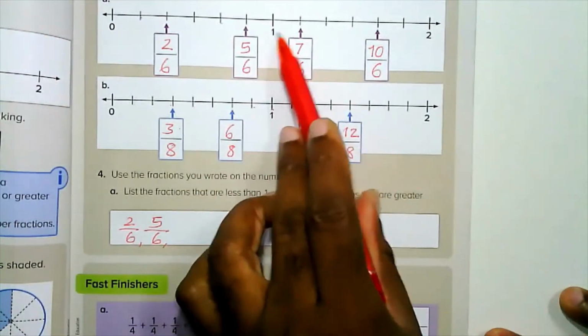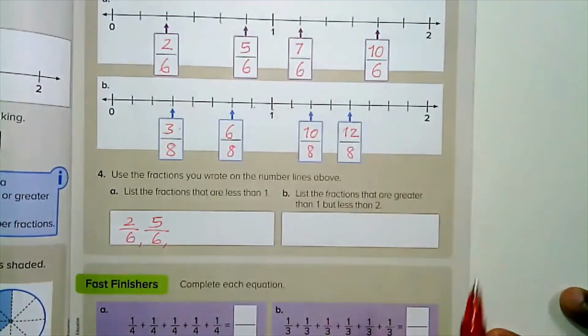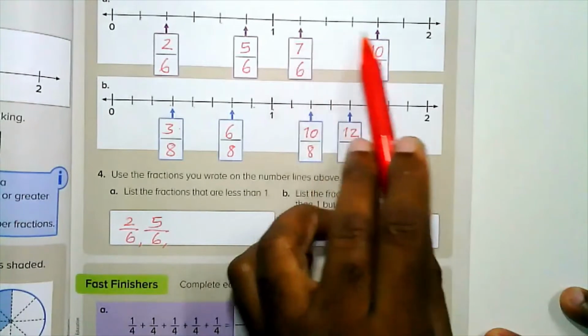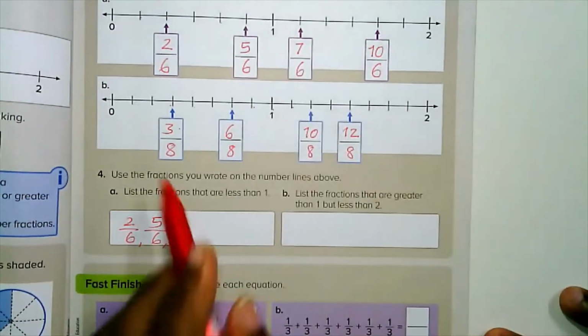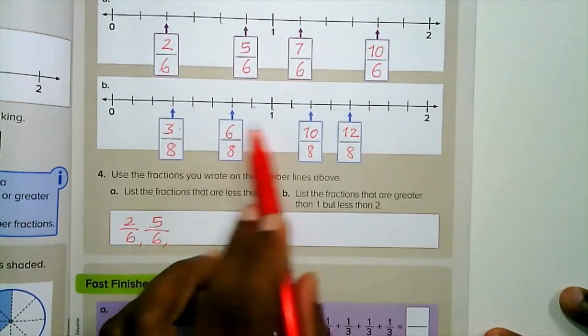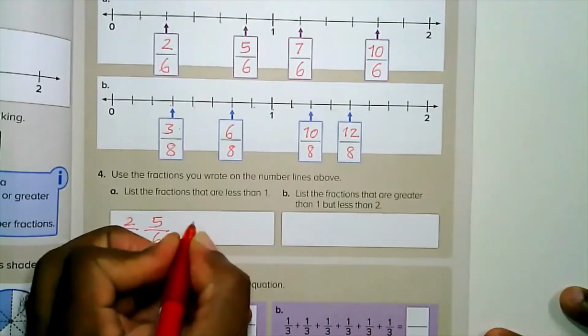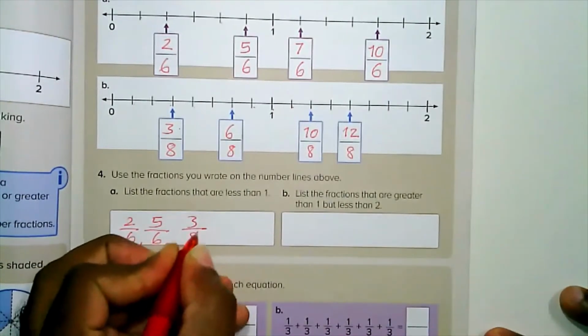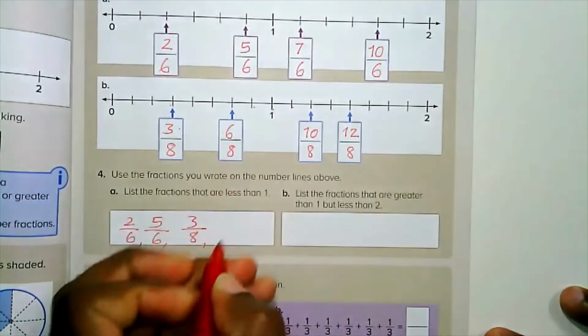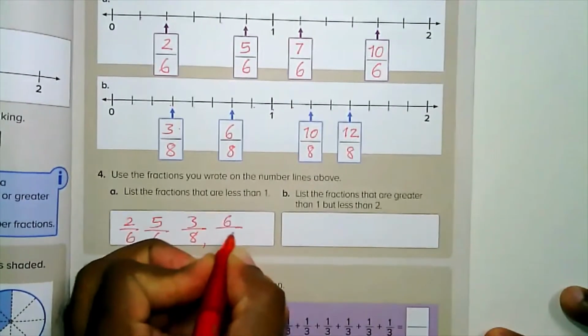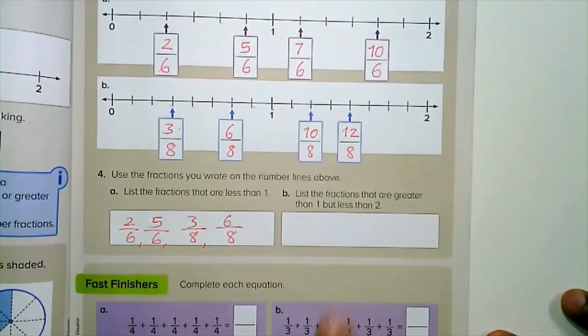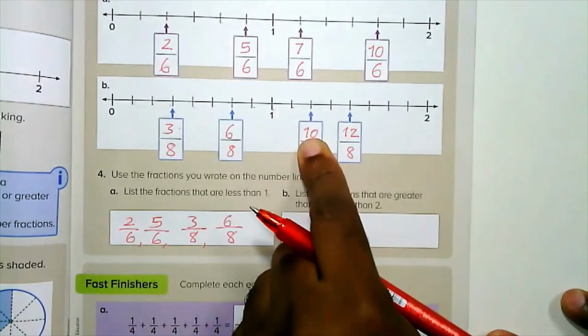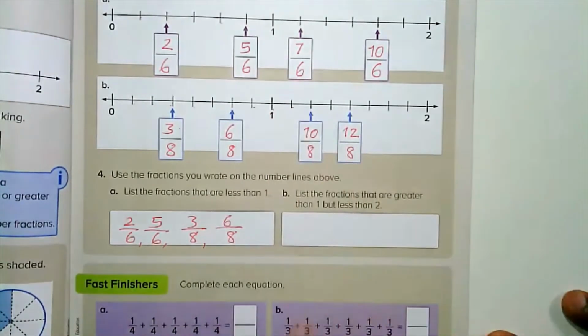This is more than 1. This also is more than a whole. So let's continue here. It's not up to 6, so we write 3 eighths. 6 eighths. This is more than 1 already.